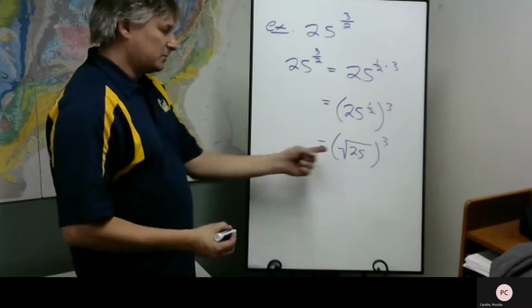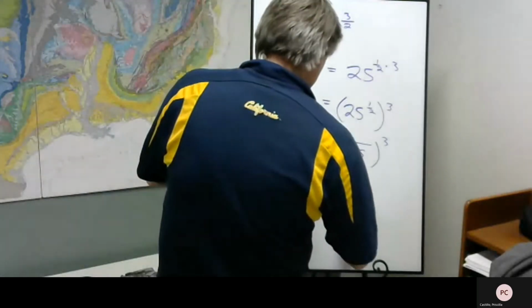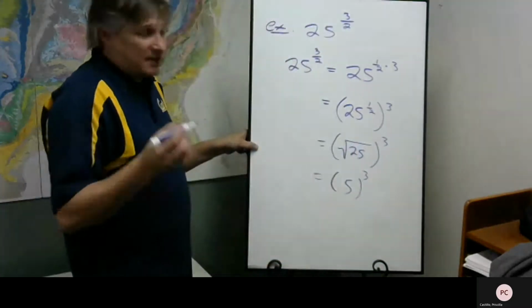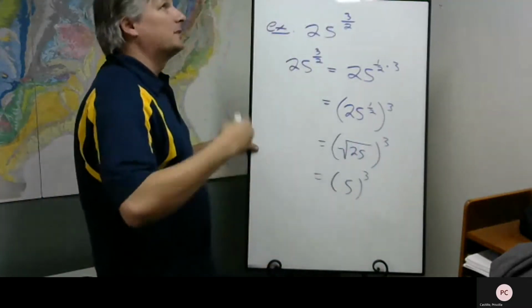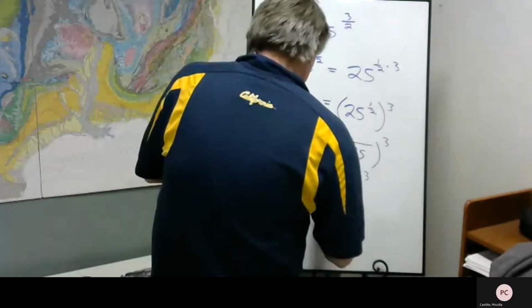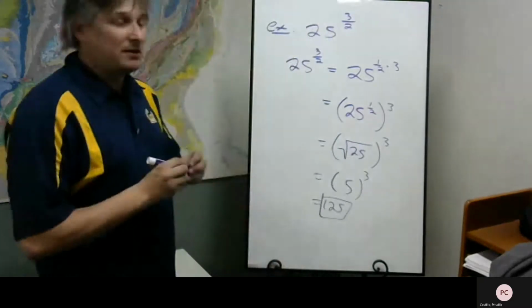Square root of 25, and we're looking for the positive root. It's 5, and then we cube 5, and that turns out to be, well, 5 times 5 times 5 is 125. And so that's going to be our answer.